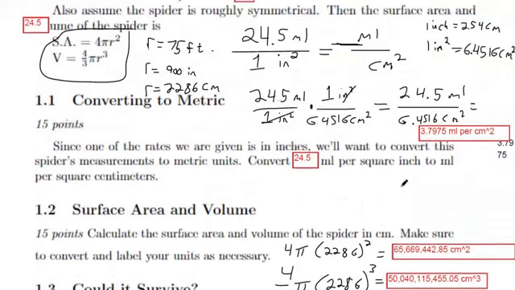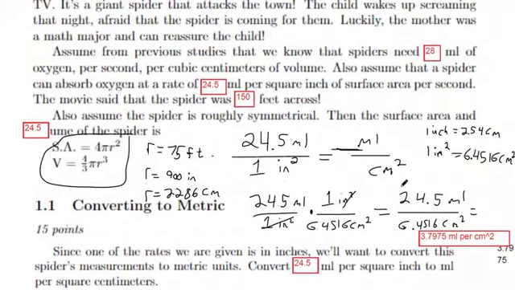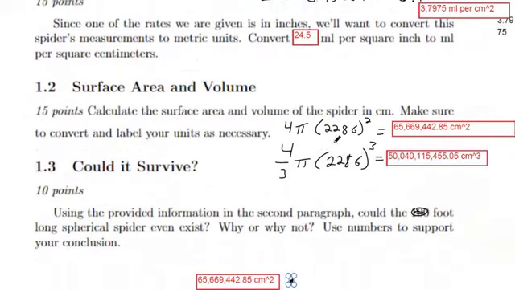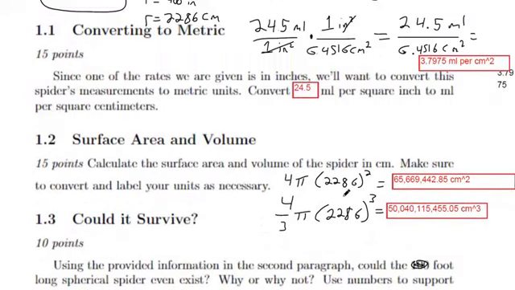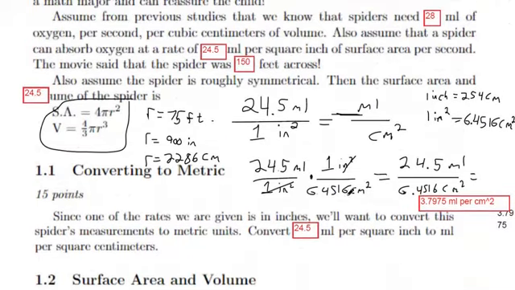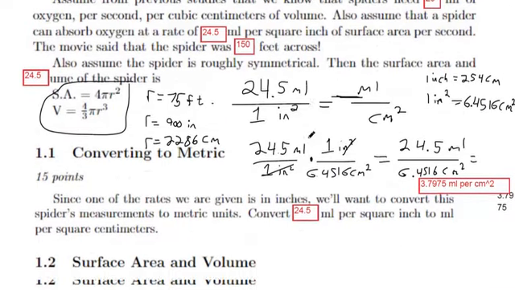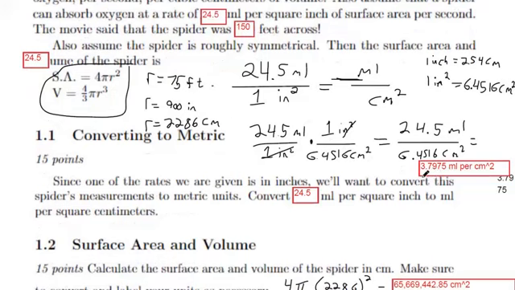I'm going to multiply it by the absorption rate. My spider can absorb oxygen at a rate of 24.5 milliliters per square inch of surface area, but we converted that, sorry. That's 24.5 milliliters per square inch, which is 3.7975 milliliters per square centimeter.